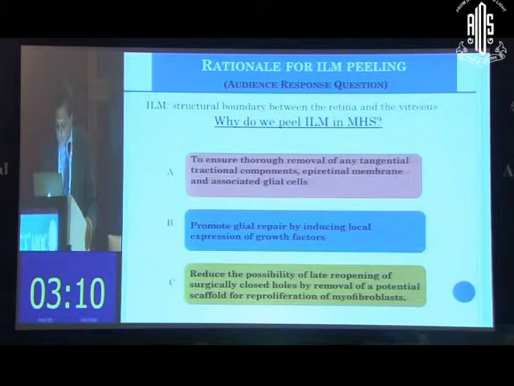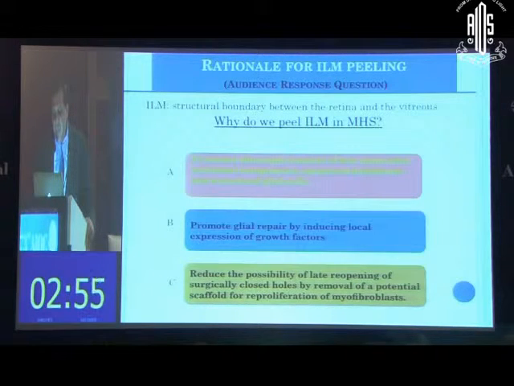So I want to ask you, is the main reason to ensure thorough removal of any tangential traction components, epiretinal membrane and associated glial cells? Or is it to promote glial repair by inducing local expression of growth factors?